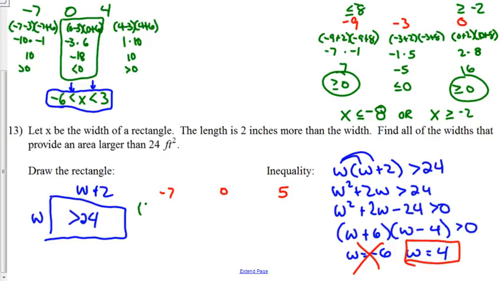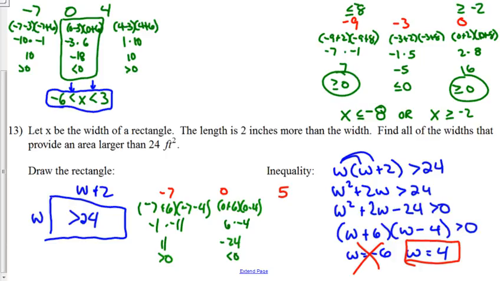Negative 7 plugged into the factored form gives me negative 1 times negative 11, or 11. That is greater than 0, sorry. Then 0 gives me negative 24. That's not greater than 0. It's actually less than 0.